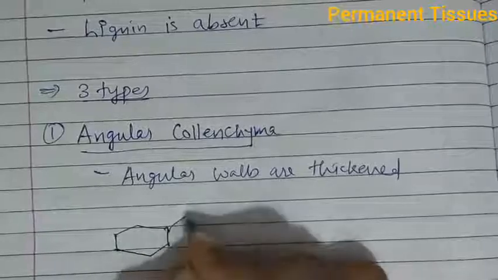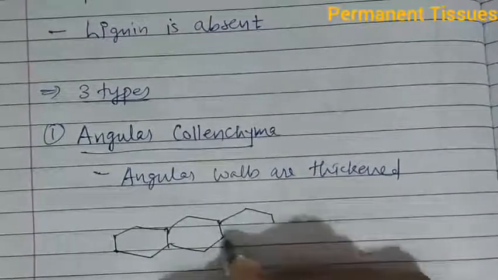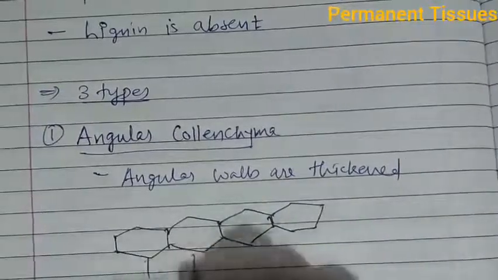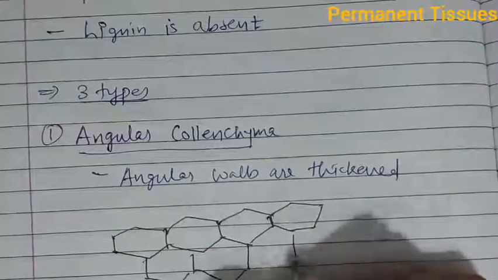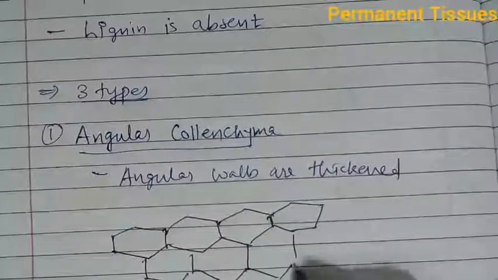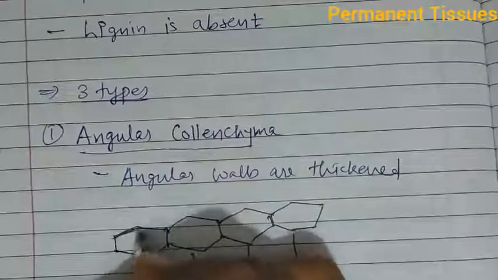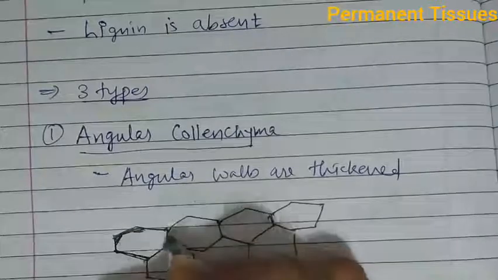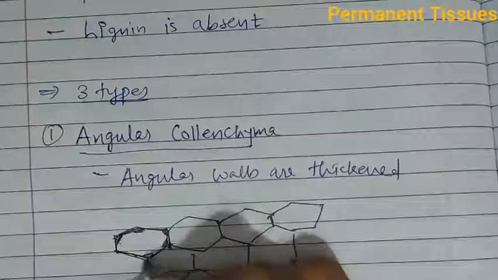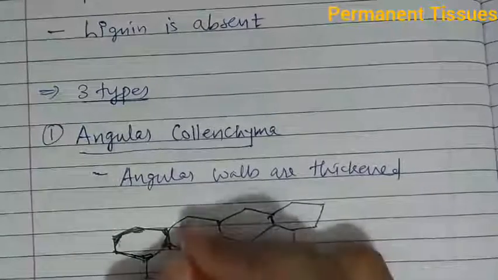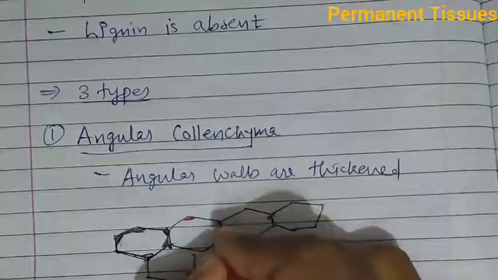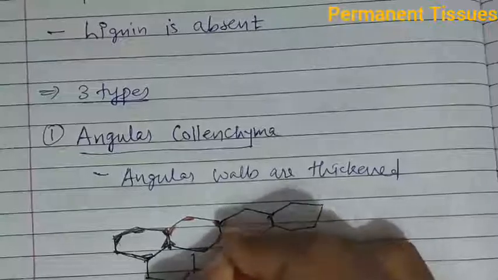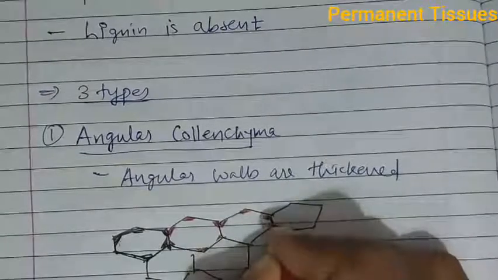they have some cells like this, and in these cells you can see they have wall thickening, but their angular walls are much more thickened. I am showing this here with red marking. Here you can see their angular walls are thickened in the cell wall. Remember, not in the plasma membrane, in the cell wall.